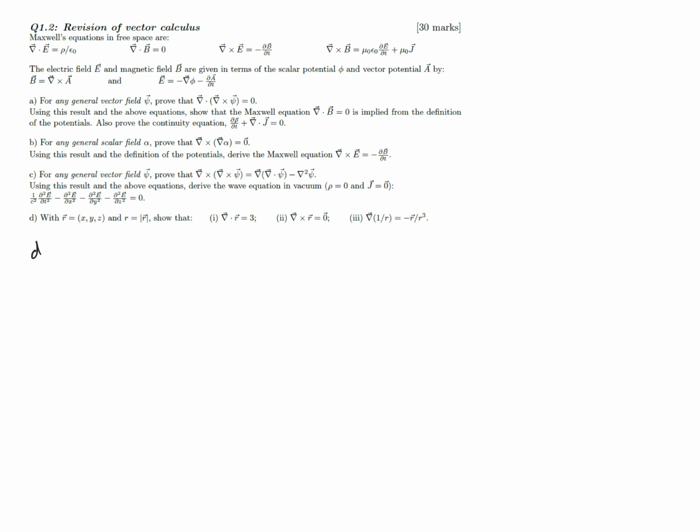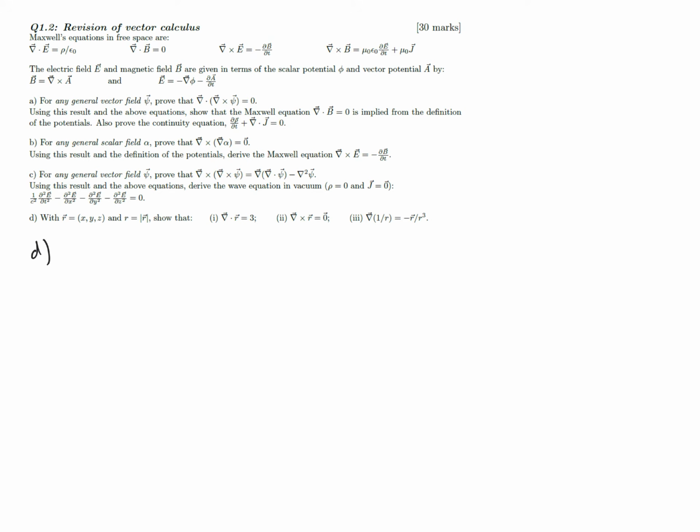Let's have a look at finally part D. It's giving us a position vector in three-dimensional space, r vector, in its Cartesian coordinates x, y, and z. R is the length of that vector, the modulus of r vector, and we've got to show some mathematical identities.